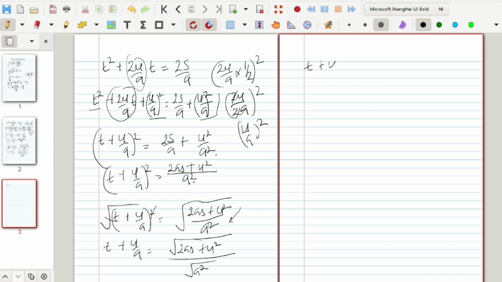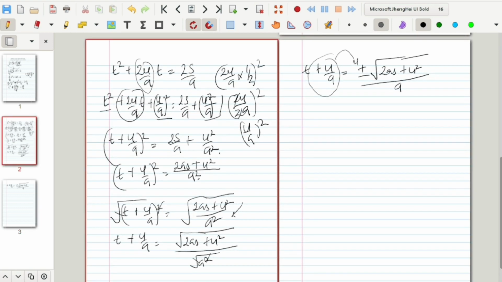So t plus u over a equals plus or minus the square root of 2as plus u squared over the square root of a squared, which is a.